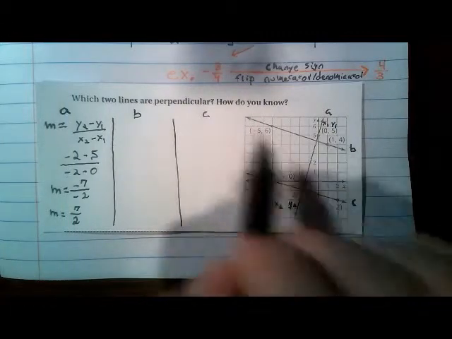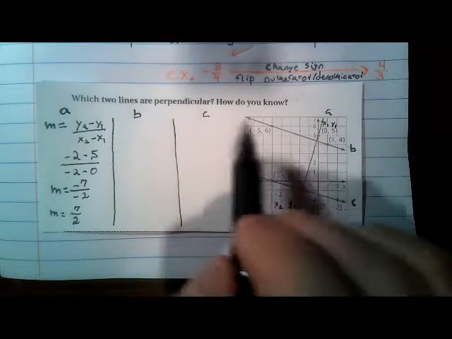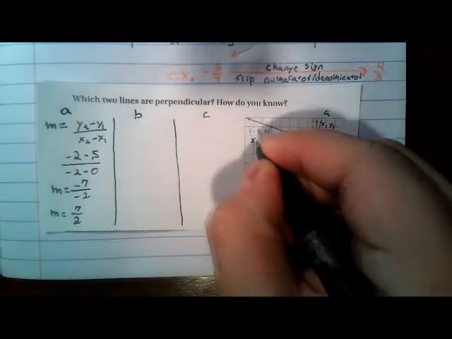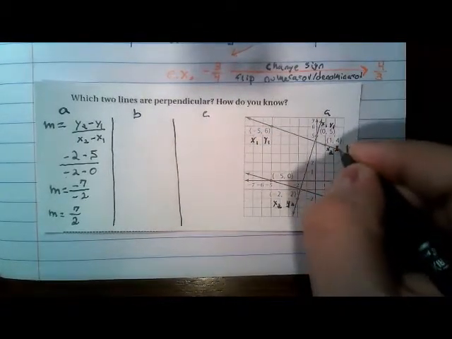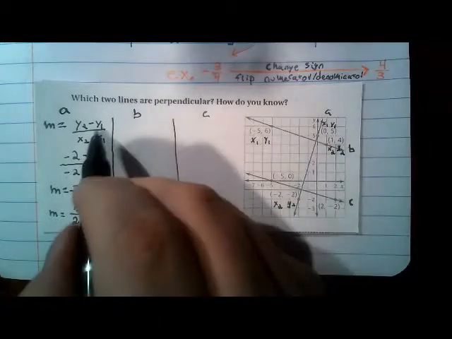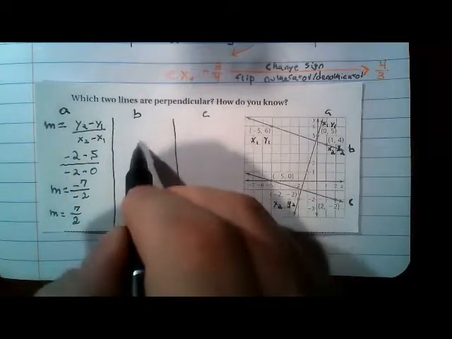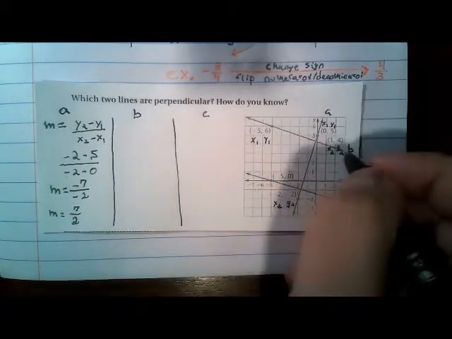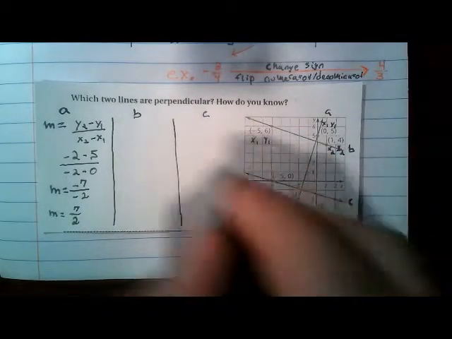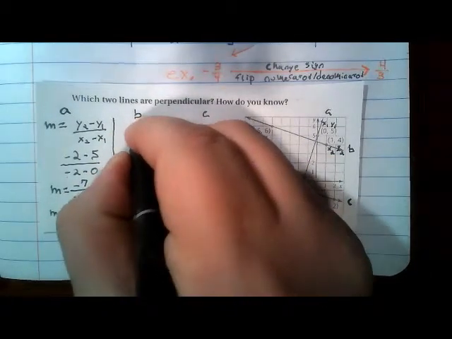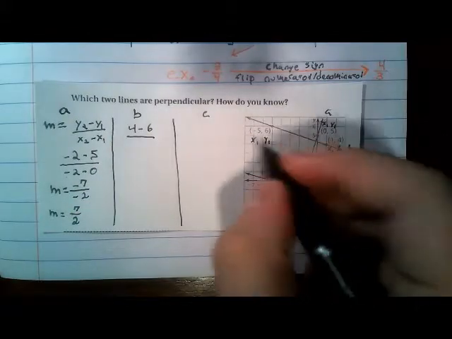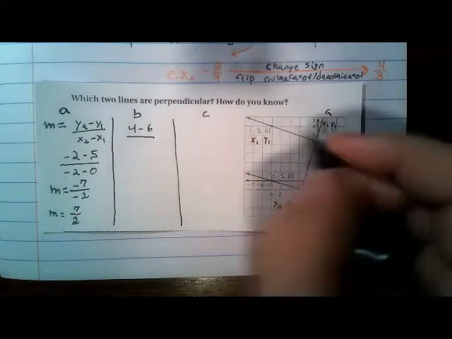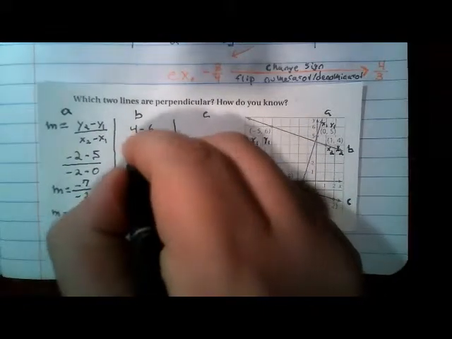We're going to do line B. So I've got my x1, y1, x2, y2, and I have my slope formula here, so I'm not going to rewrite it. It's y2 minus y1, that's 4 minus 6, over x2 minus x1, that's 1 minus negative 5.